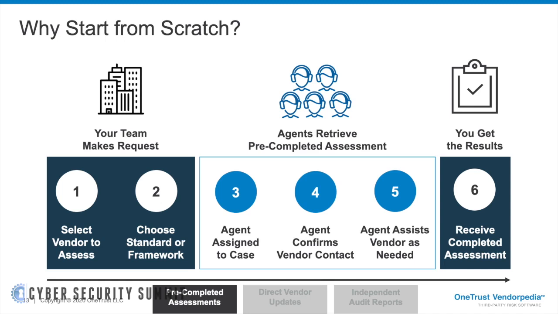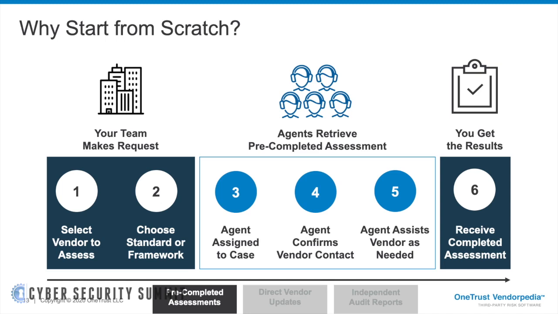So we discussed pre-completed assessments, and the way you're going to be able to access those in an exchange like OneTrust Vendorpedia is by simply selecting a vendor to assess, choosing the standard or framework that you'd like, and after that, OneTrust would then be taking over that process and ultimately returning to you a completed assessment.